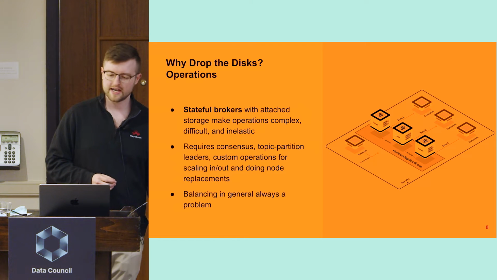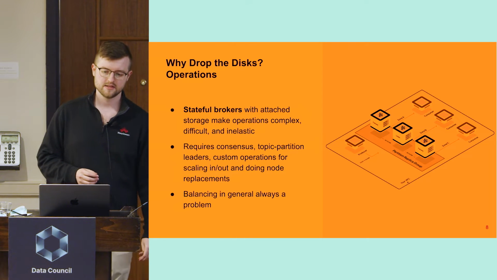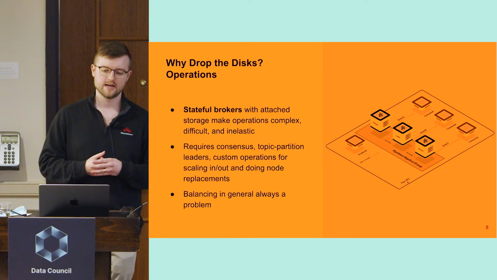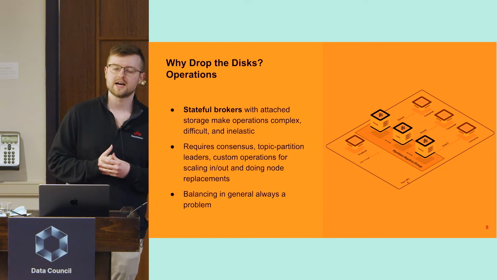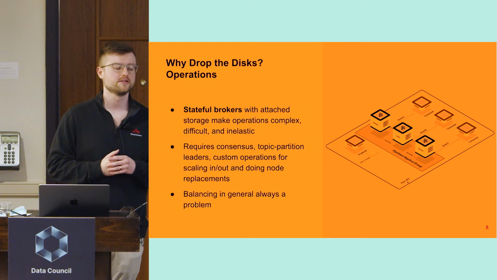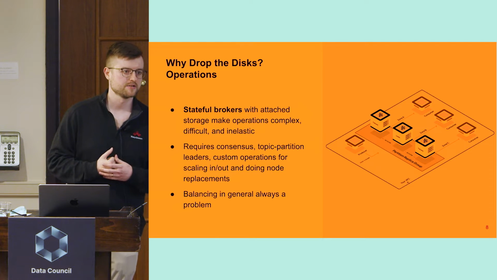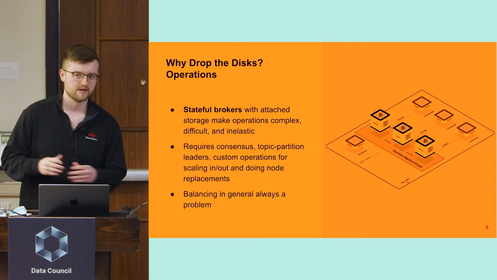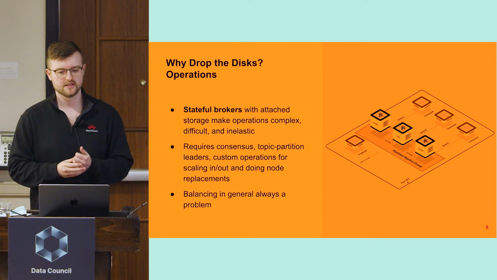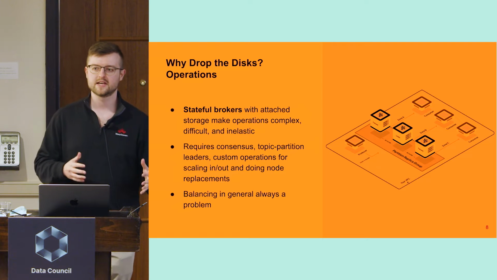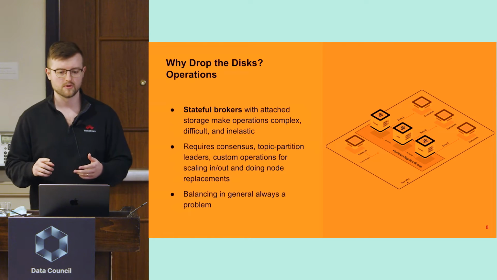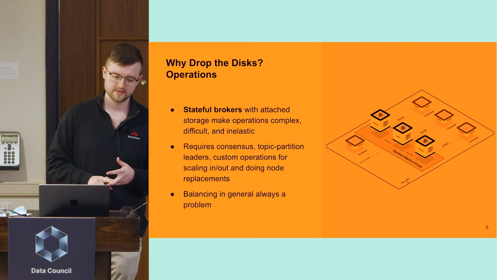So why get rid of the disks? The first problem is just it makes the operations much easier. When you're using open source Kafka, you are destined to treat the brokers essentially as pets and not cattle like you do with all of your other services. You need to constantly be thinking about the life cycle of the broker to avoid causing downtime or data loss.